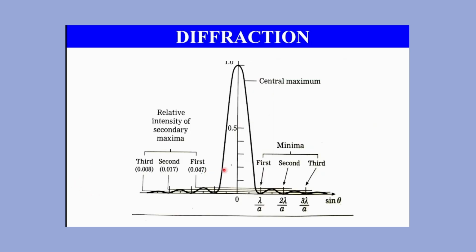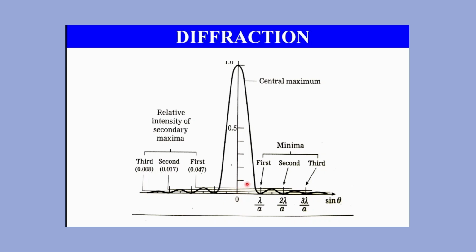Now, if we draw a graph between alpha values on the x-axis and intensity on the y-axis, this is called the principal maximum, I naught in the previous case. Then this is called the first secondary maxima, second secondary maxima, third secondary maxima, and so on. As the order increases, the intensity decreases, which can be understood using the graph. This is the maximum intensity when alpha is equal to 0, which is possible when theta is equal to 0, as we discussed in case 1.